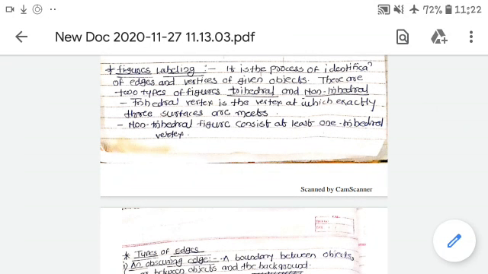Now, what is a trihedral vertex? It is the vertex at which exactly three surfaces meet.